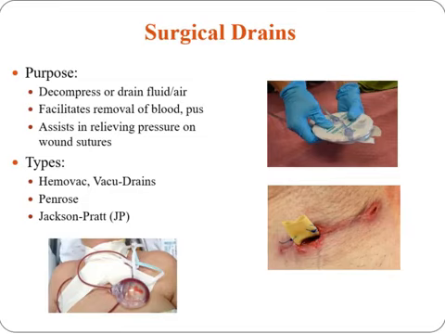A Penrose drain, that's the one on the right. That's that little noodle-looking guy that's poking out of the skin. So they put that in, and then it creates a tract in which it can drain, and you put a dressing over that, and then the fluid or blood drains right into that dressing, and you change that. And then the one on the bottom, the Jackson-Pratt, or the bulb, that has the tube that goes to the little circular drain.